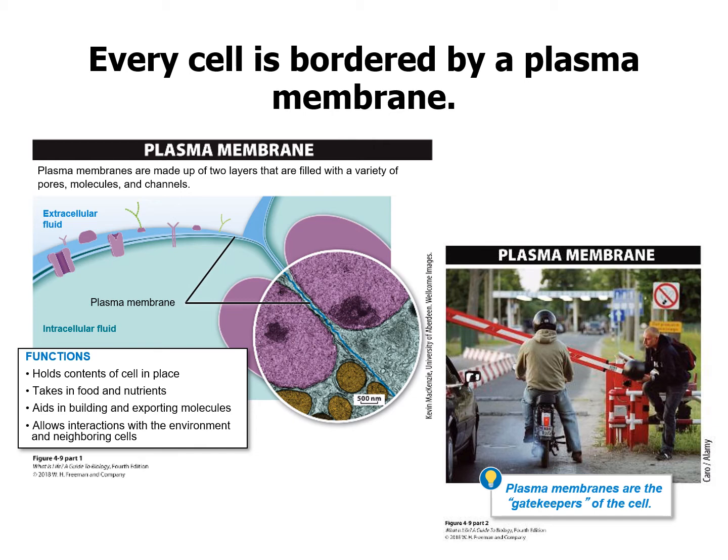It's going to use endocytosis and exocytosis, and we'll talk about those in a little bit, to take in food as well as to expel it. The plasma membrane aids in building and exporting molecules, again, exocytosis, exiting the cell. It allows for interactions with the environment and neighboring cells.